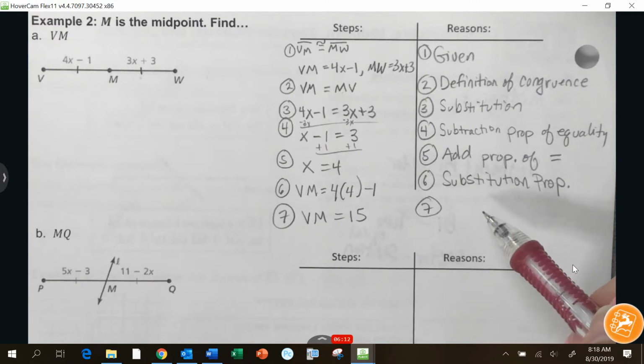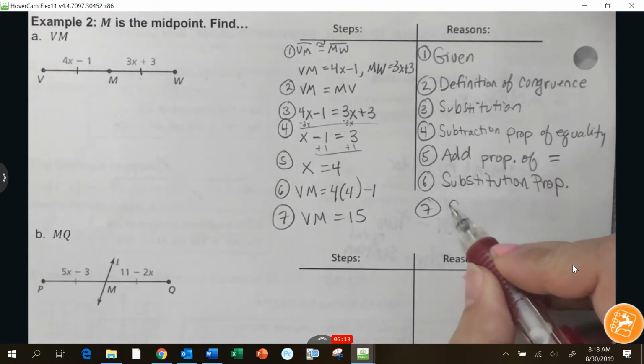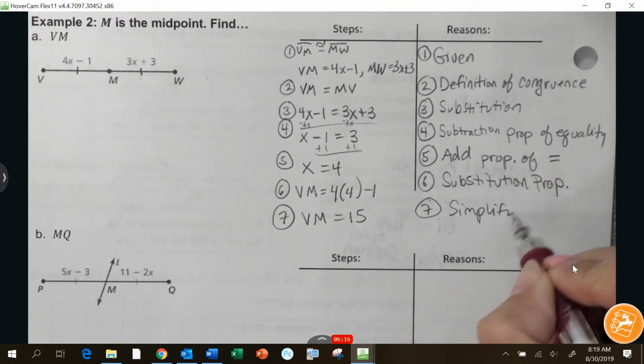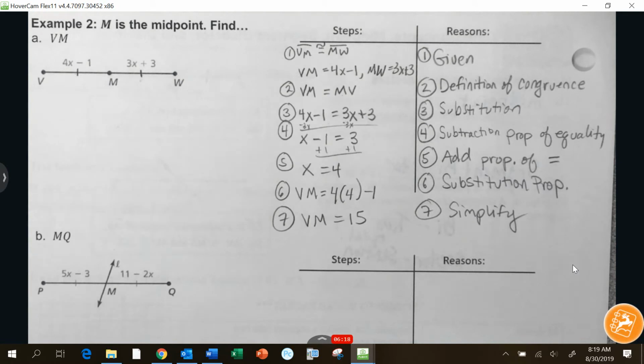Okay. Simplify. Yeah. So I'm asking you guys because I'm trying to gain an idea of who knows what. I'm not trying to embarrass you or anything. If we don't remember stuff, you got to keep reinforcing. Okay?